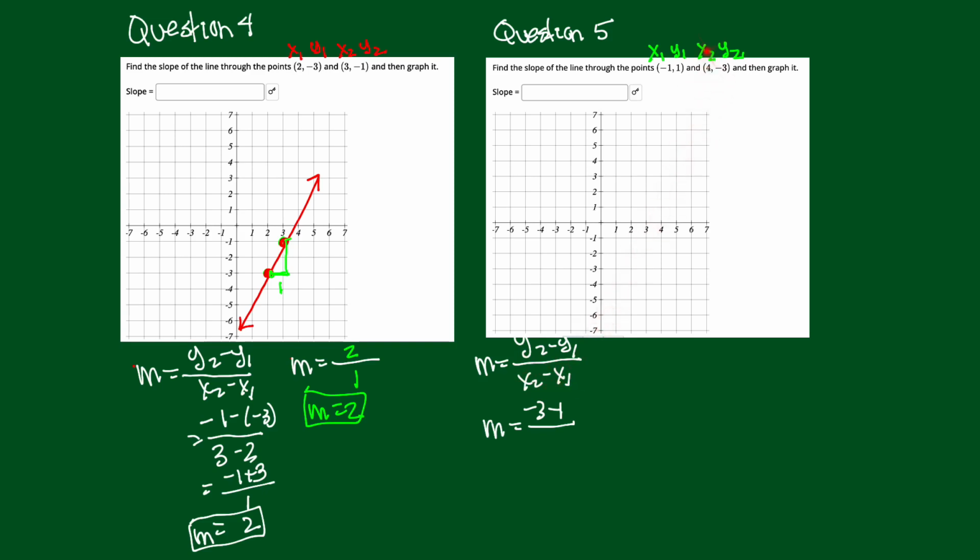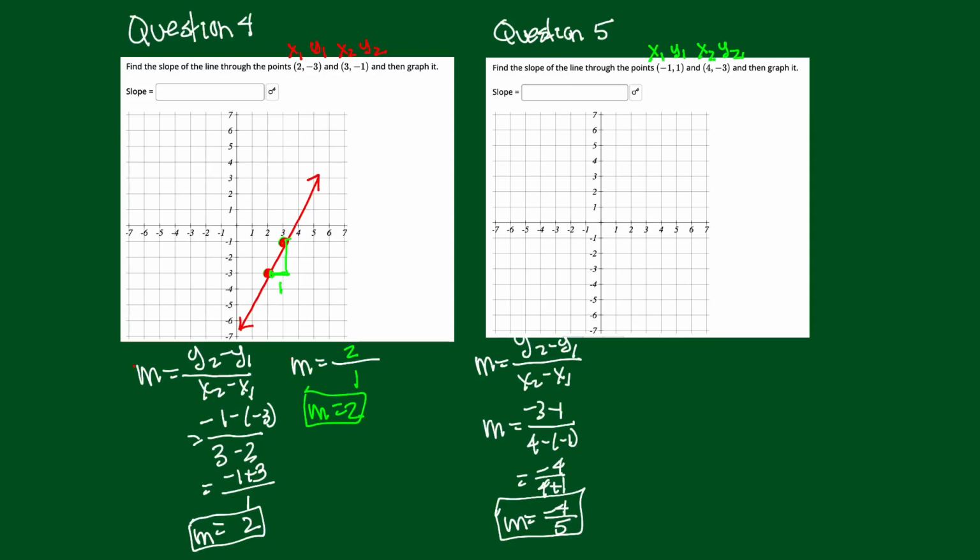So second x minus first x is 4 minus negative 1. Be careful of all those minus signs. So 4 minus negative 1. This will give us negative 4 over 4 plus 1, so negative 4 over 5. So the slope is negative 4/5.